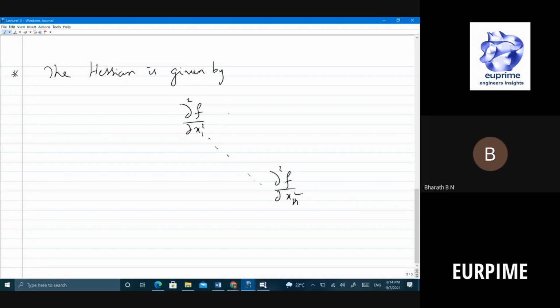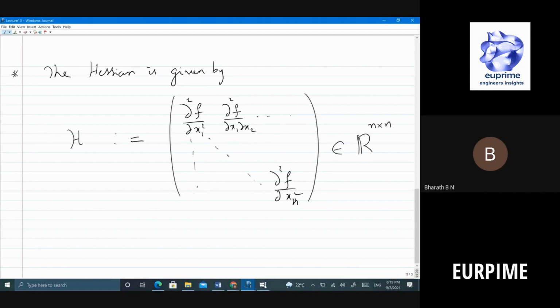And then what about this second term? This is with respect to x1 and then with respect to x2, right? And similarly, you know how to fill this, right? This is called the Hessian. It's an n cross n matrix, right?